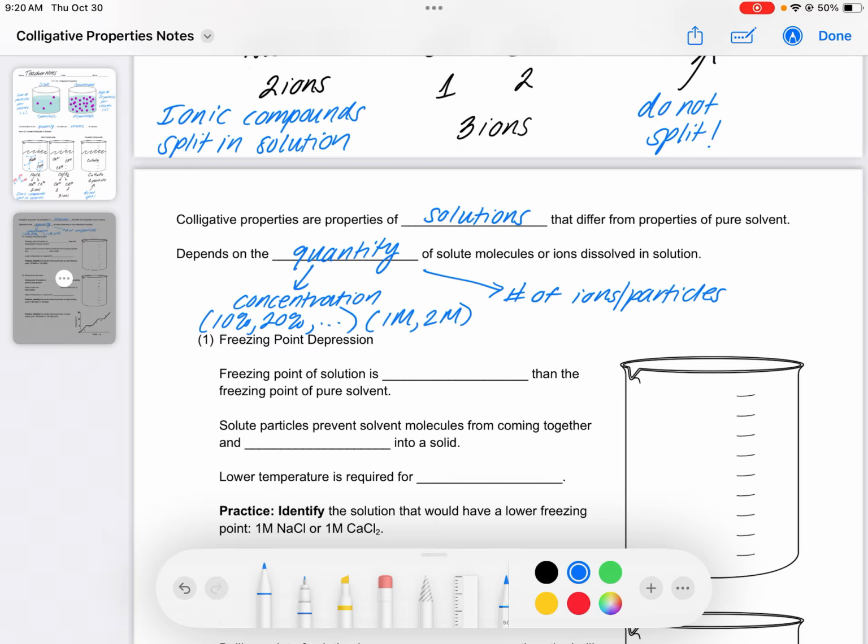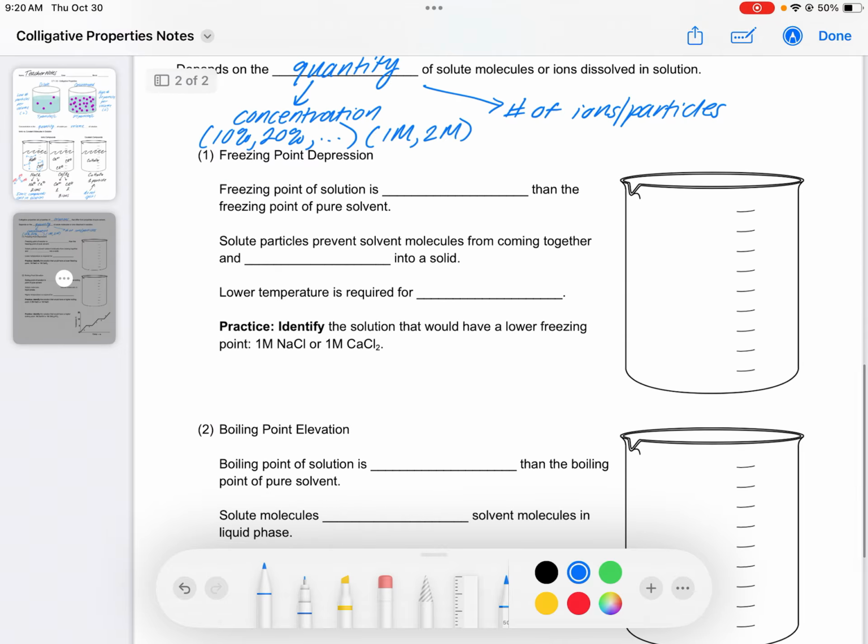There are a handful of colligative properties. We're going to focus on just 2 of them. The first one is called freezing point depression. What this means is that the freezing point of a solution, so not a pure substance, is lower than the freezing point of a pure solvent.